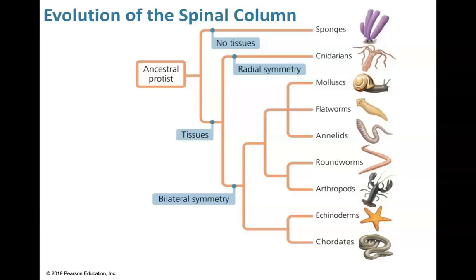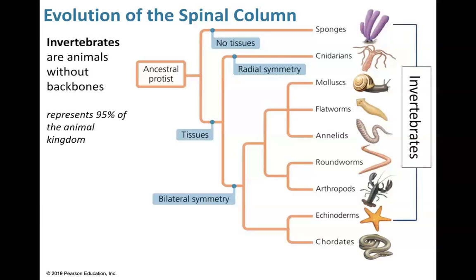Another body plan is the evolution of the spinal column. We've talked about tissues, we've talked about symmetry, we've talked about body plans. Now I want to talk about vertebrates and invertebrates. Invertebrates are animals without backbones. This is the spinal column. Invertebrates are actually going to represent 95% of the animal kingdom.